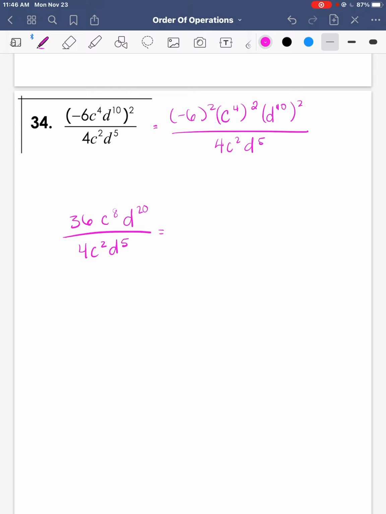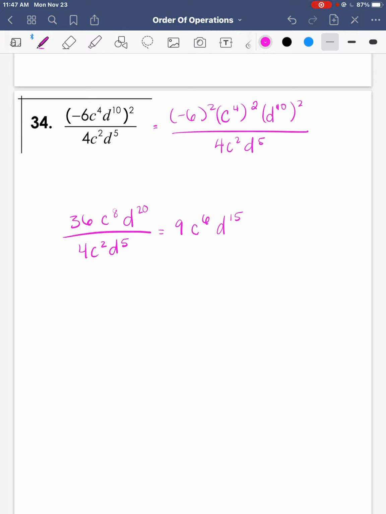Okay? Now, 4 going into 36 is 9 times. 8 minus 2, c to the 6th power. And d to the 20th over d to the 5th power, which is d to the 15th power. Now, the rule when it comes to dividing like terms: subtract the exponents.